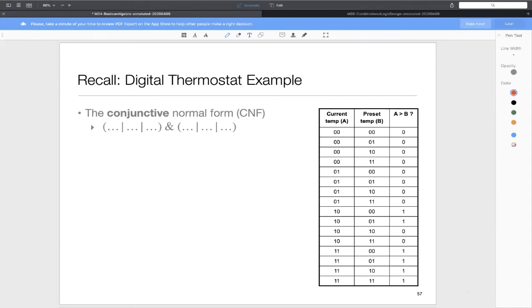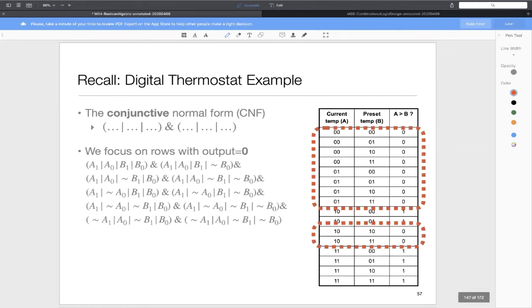So this is a max term, right? A max term is always of the form where I OR together things, and then I'm going to AND together a whole bunch of max terms. So this time around, we are going to focus on those rows where the output is 0. So as you can see, conjunctive normal form focuses on a different set of rows.